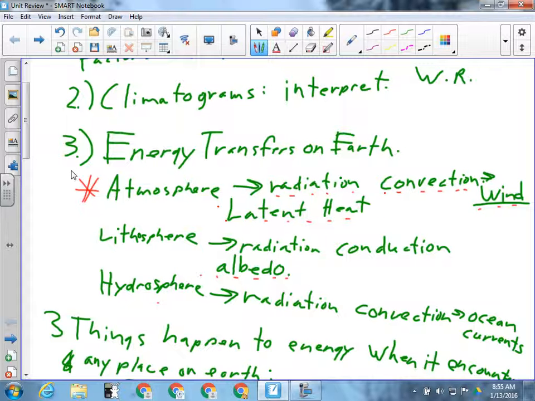So it's absorbing radiation based on albedo. It transfers energy by conduction, which is why it's not a big part of transferring energy. But the most important thing about the lithosphere is that that's where plants live, and the bulk of our conversion of energy from light to chemical energy by photosynthesis is done there.